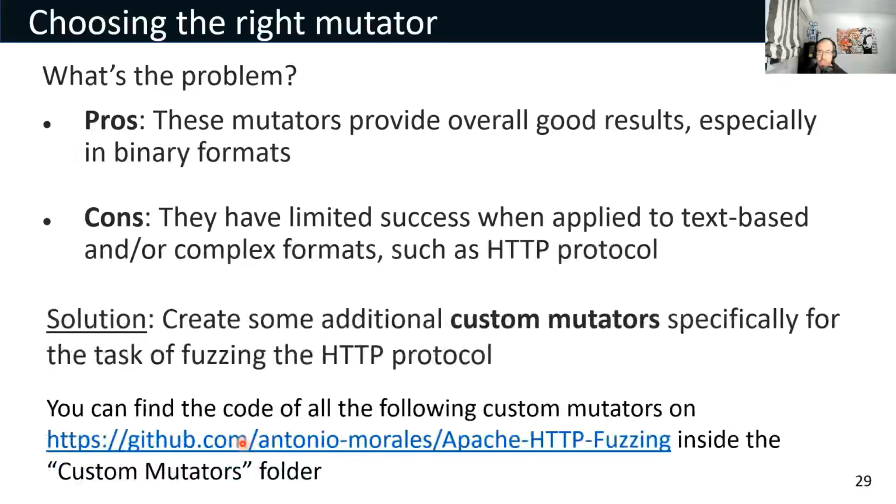So these mutators provide good results when applied to binary formats, but are not so good when applied to complex formats like, for example, the HTTP protocol. So my solution was to include additional custom mutators, specifically created for fuzzing the HTTP protocol. You can find the code of all these custom mutators in my GitHub repository. That's the link.